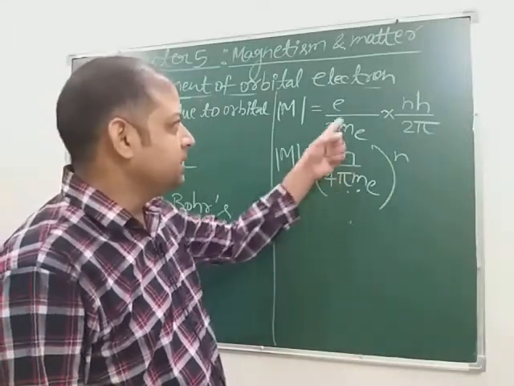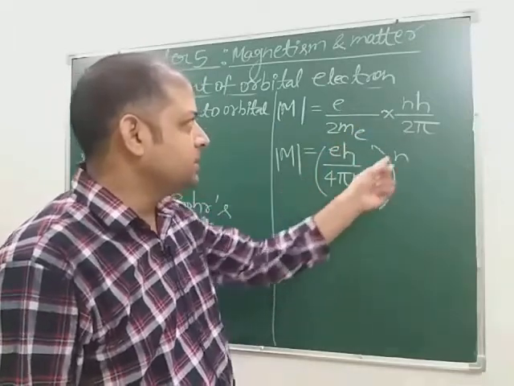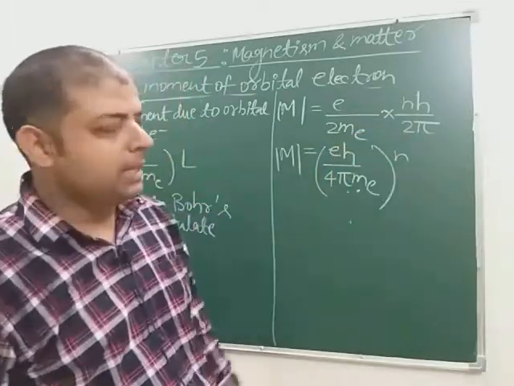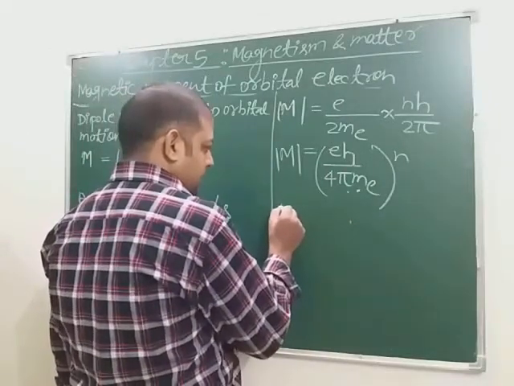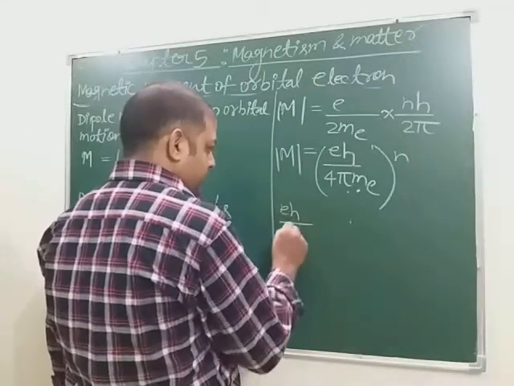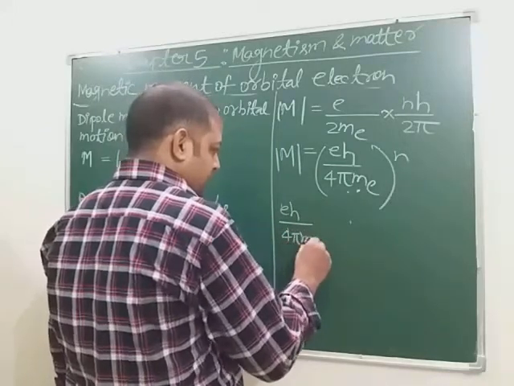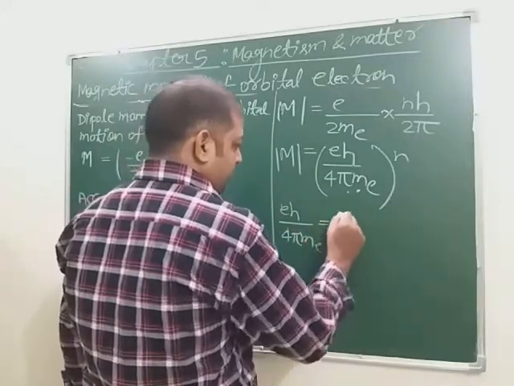So it is only directly proportional to n. Here eh upon 4 pi me is equal to mu b.